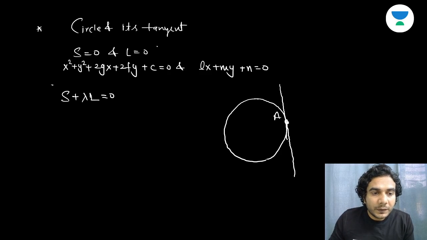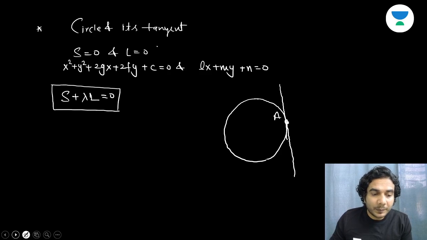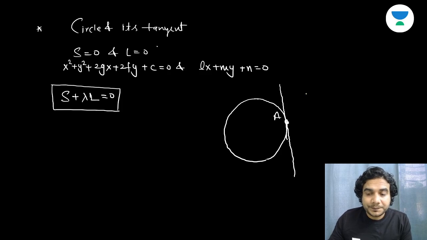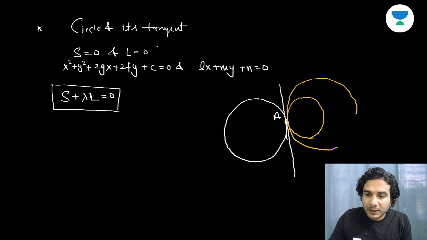So S + λL = 0 represents the family of circles passing through point A only. I mean, it will touch. These circles basically touch the given circle and line at their point of contact. We are sure that all these circles pass through point A, but they will not pass through any other point.